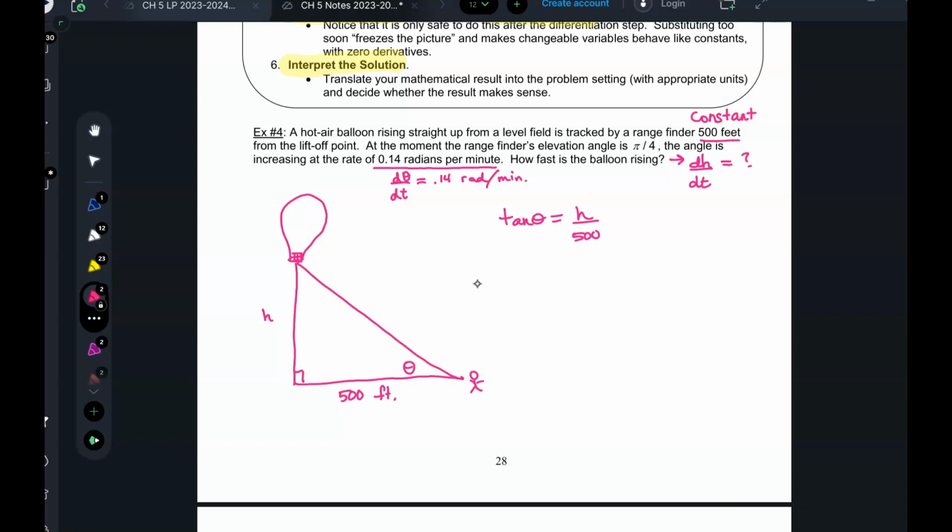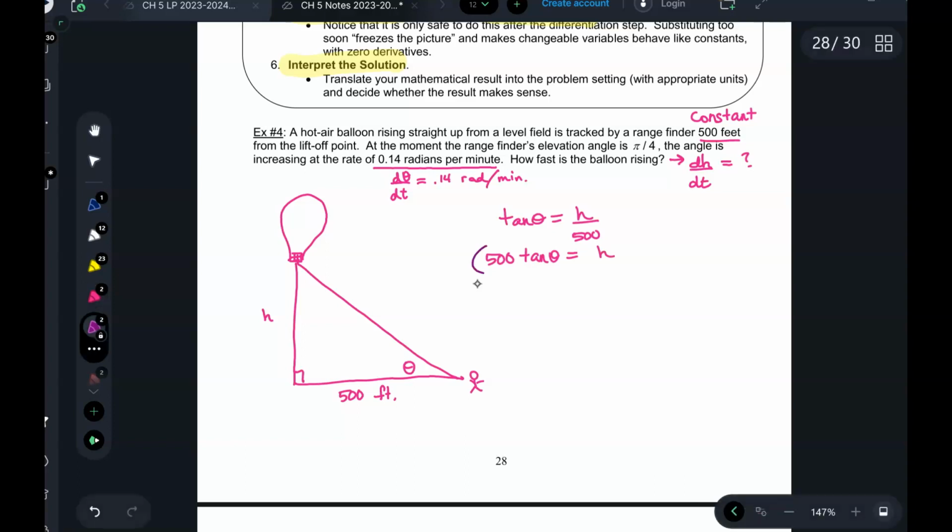Sure, or I would make that 1/500th times h. Do we know theta right now? It says the elevation angle, but theta is changing. As the balloon goes up, theta gets bigger and bigger. The only thing staying constant is this measurement. We'll plug in after we do the derivative.